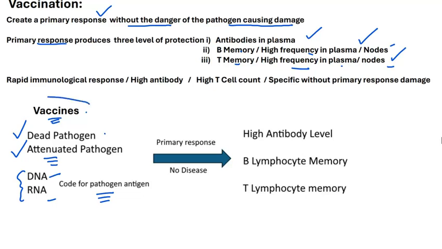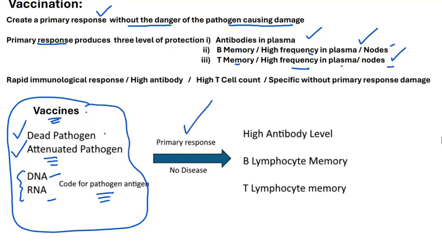If we introduce these vaccines into our system, we will produce a primary response which will result in B lymphocyte memory, T lymphocyte memory, and antibodies, but we will not actually experience any disease.